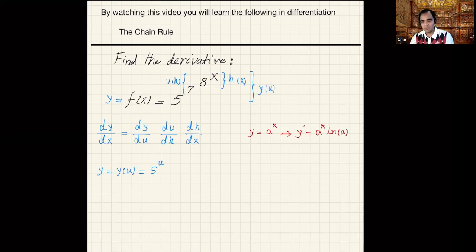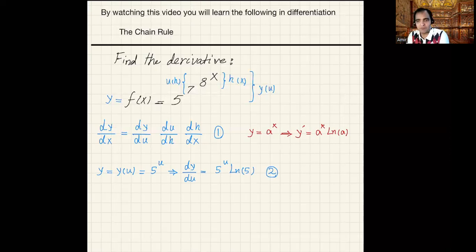So if you recall this equation, we can use it here. So dy over du is going to be 5 to the power of u, natural logarithm of 5. I call it relation number 1, and I call this relation number 2.